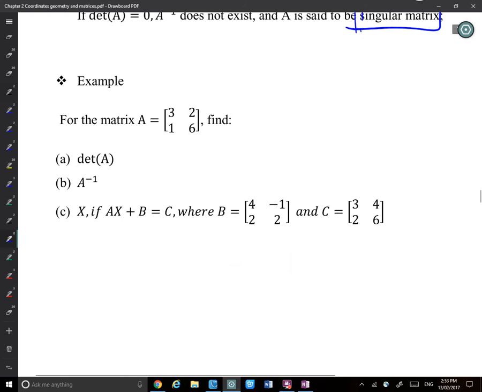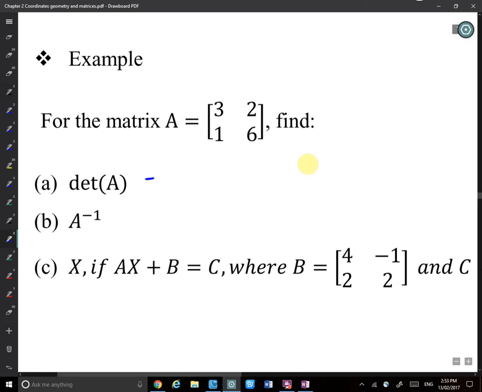Okay, example for matrix A, find the determinant. So the determinant of A will be AD minus BC. So it's 3 times 6 minus 1 times 2, which is 18 minus 2, which gives you 16. Which means I can find the inverse for this. So the inverse will be 1 over AD minus BC, which is 1 over 16.